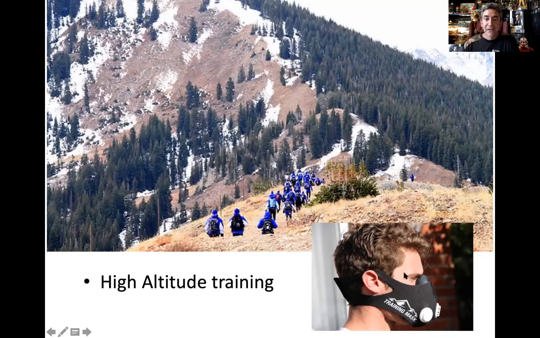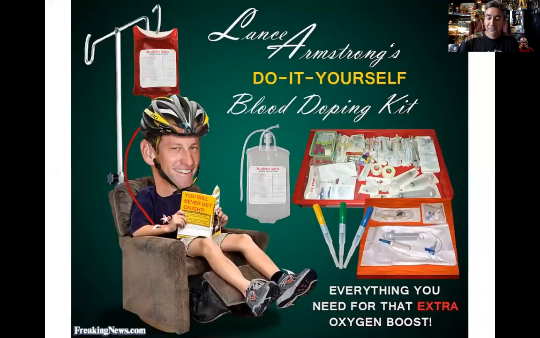I've seen masks that reduce the amount of oxygen allowed in. There are little tents you can set up and sleep in low oxygen levels, and basically it triggers that high altitude response, where the body sees there's not that much oxygen, so it starts to release more EPO, manufacturing more red blood cells.